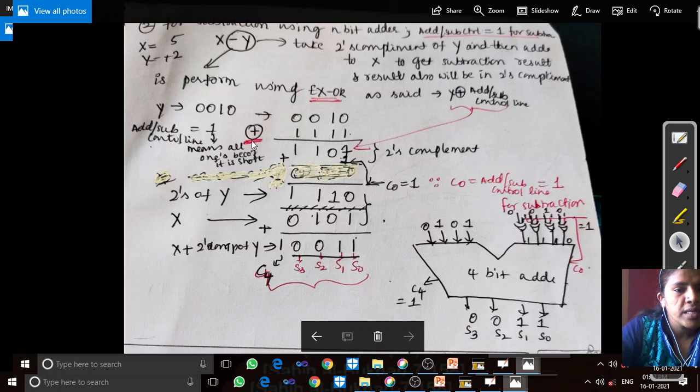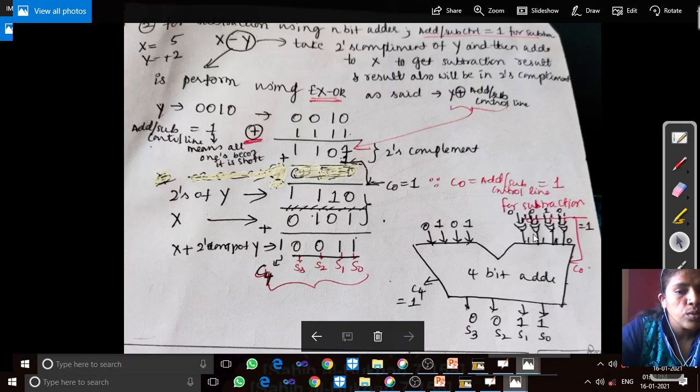Now what you get here is 1, 1, 0, 1. Now, what is this? This is the 1's complement. The result we obtain is the 1's complement. By adding the initial carry C0 here, you ultimately get the 2's complement.